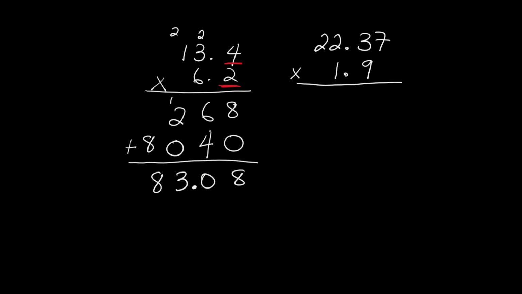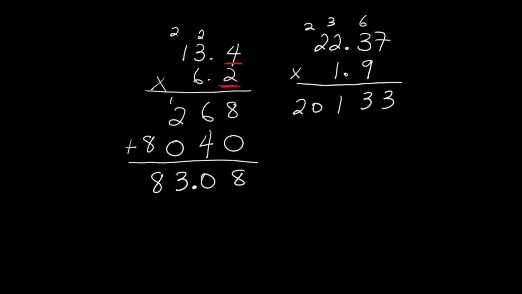So 7 9s, 63, carry 6. 3 9s, 27, plus 6, 33, carry 3. 2 9s, 18 plus 3, that's 21, carry 2. And 2 9s, 18 plus 2, and that's 20.